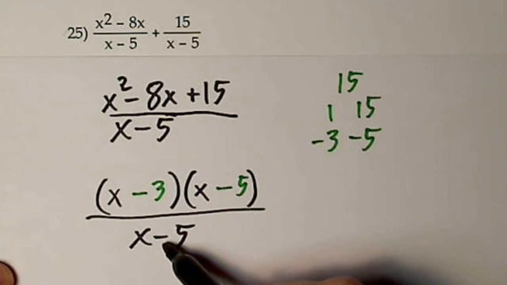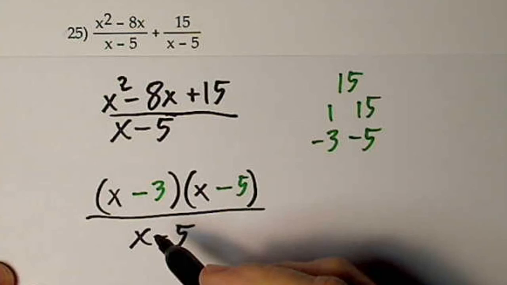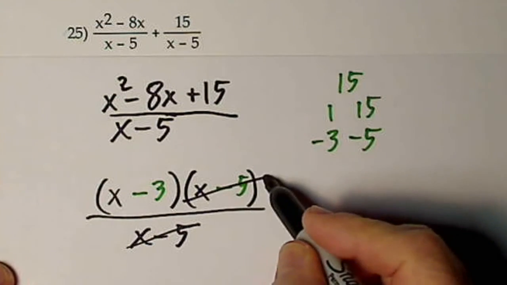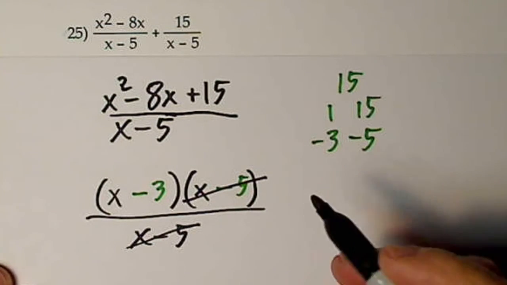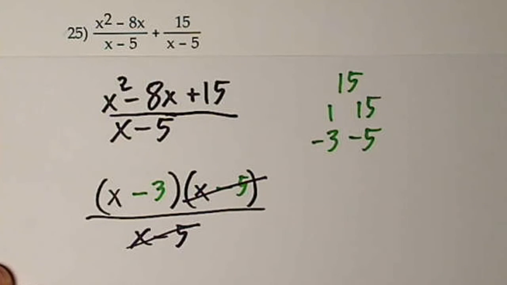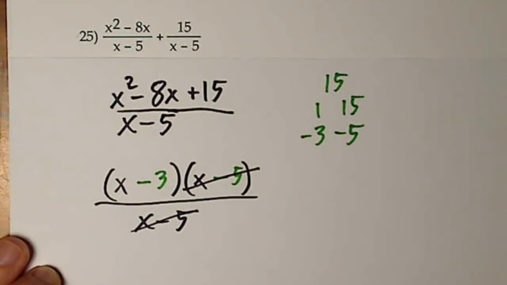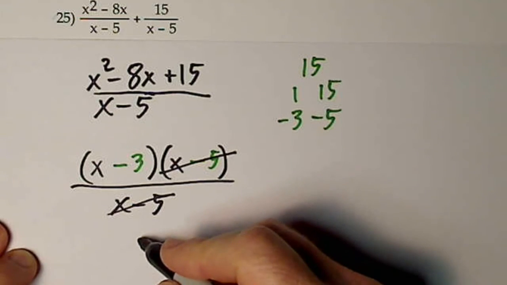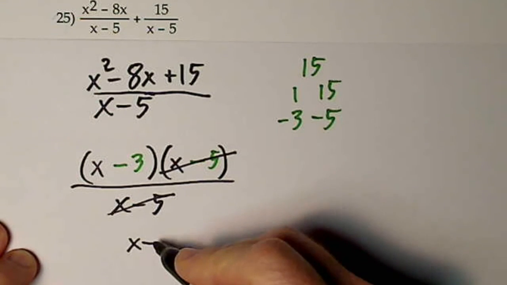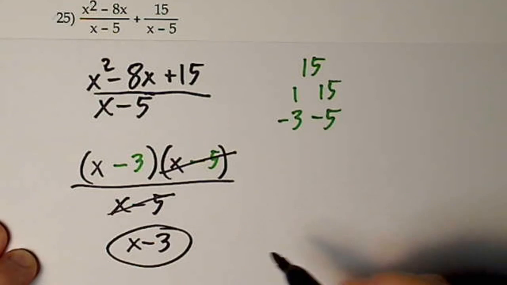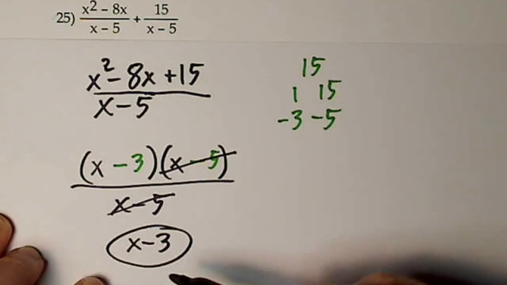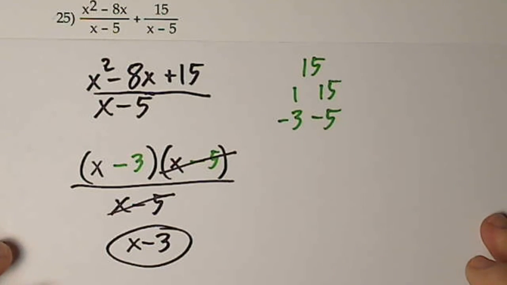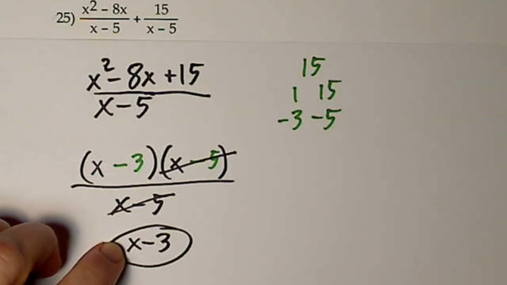And then x minus 5 goes into x minus 5 one time. So the result is just x minus 3. So the simplified form, you could put x minus 3 over 1, but that's certainly not necessary. The most simplified form would just be x minus 3.